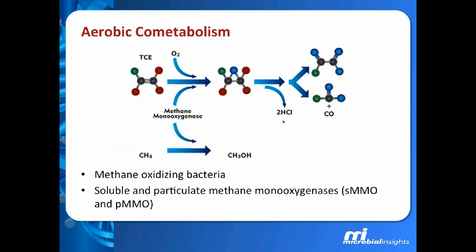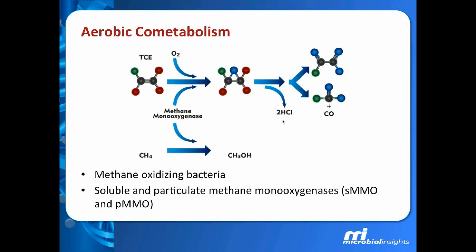Under aerobic conditions, several different types of bacteria, including methane oxidizing bacteria or methanotrophs, ammonia oxidizing bacteria, and some toluene and phenol oxidizing bacteria can utilize or co-oxidize trichloroethene, dichloroethene, and vinyl chloride.